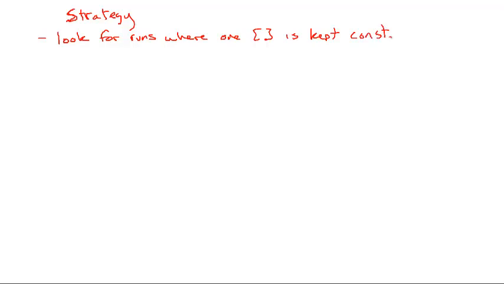So for example, if I look at run 1 and run 2, what stays constant between run 1 and run 2? What concentration? Just shout it out. B. So my initial concentration, that subscript naught at the bottom means initial. My initial concentration of B is constant.